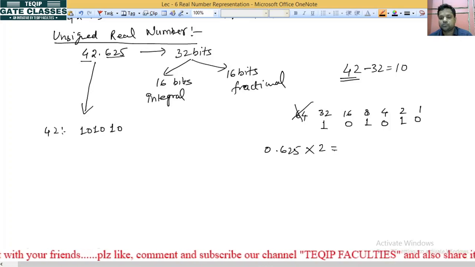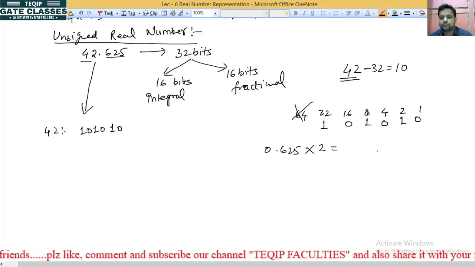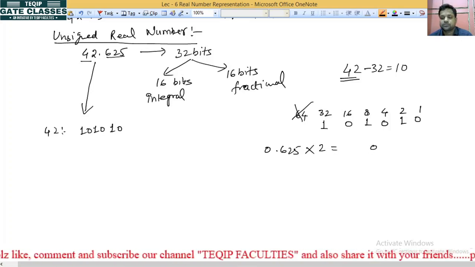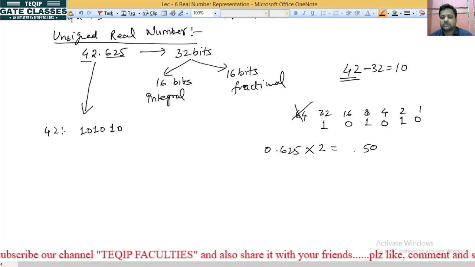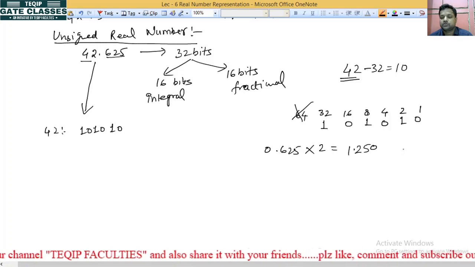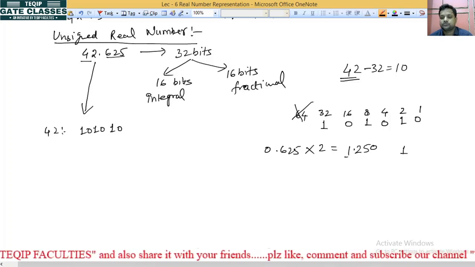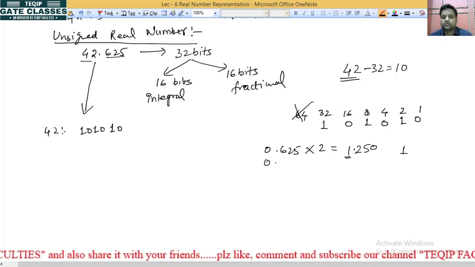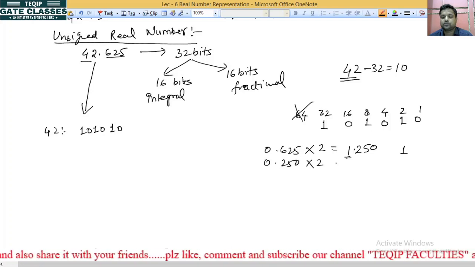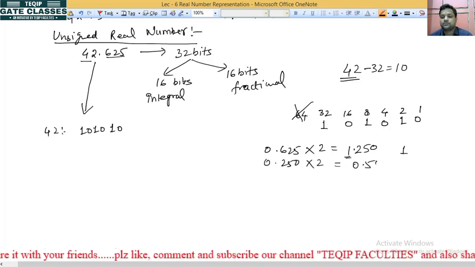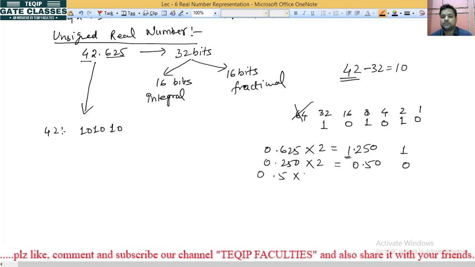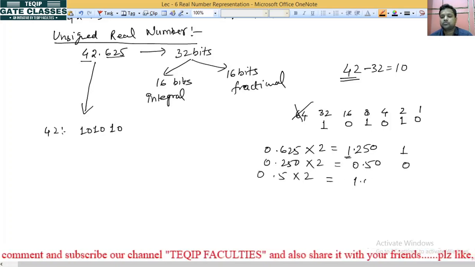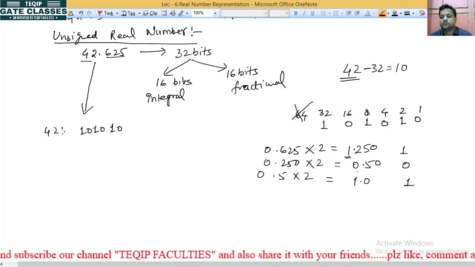Now the next stage, I want the binary representation of fractional part 0.625. So we are multiplying with 2: 0.625 into 2 is 1.25, so 1. Then 0.25 into 2 is 0.50, so 0 will be here. Now 0.5 into 2 is 1.0, will be 1.